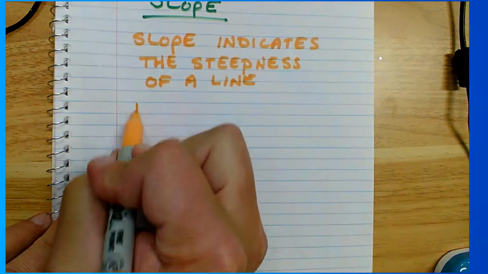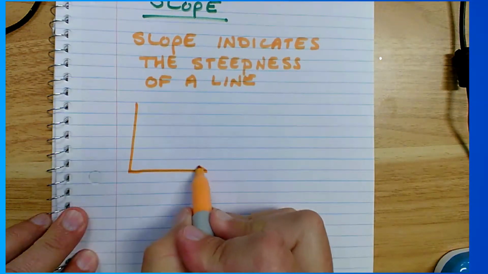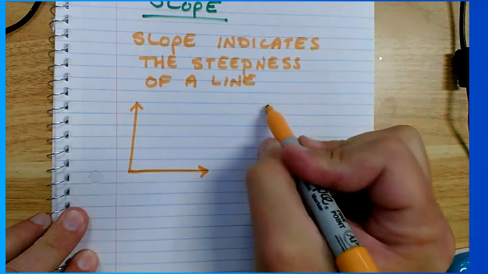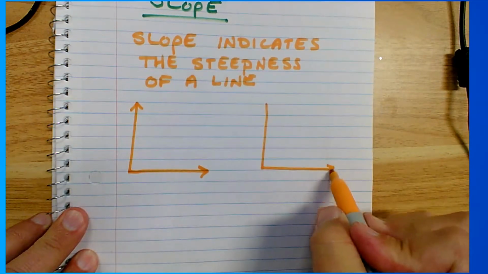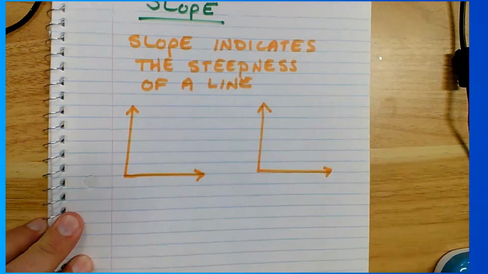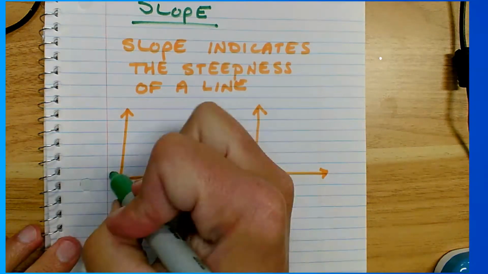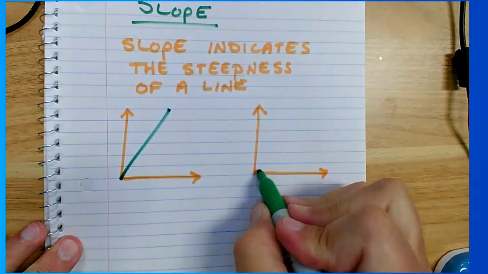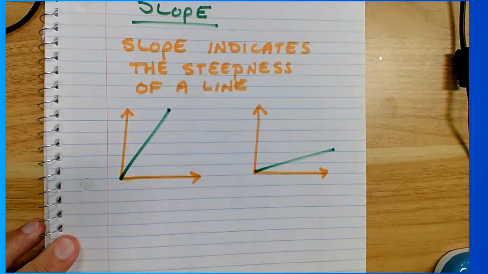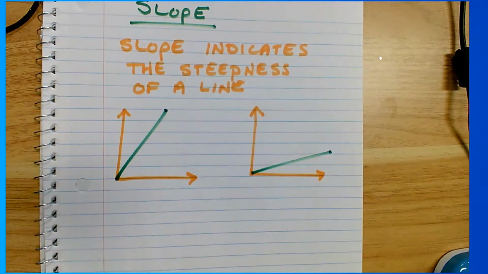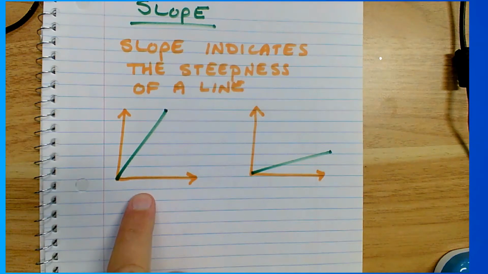I'm going to put them both on coordinate systems. And I'm going to draw 2 lines. And this one is steep.